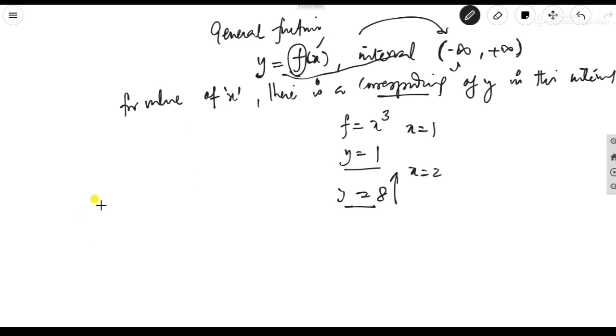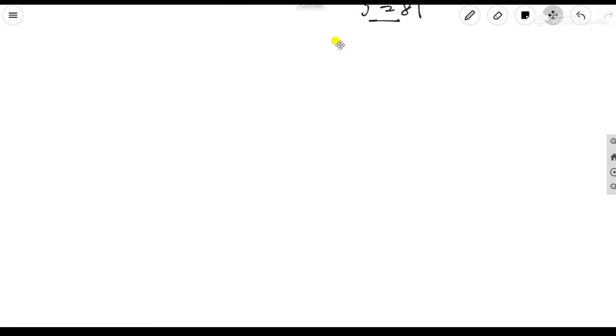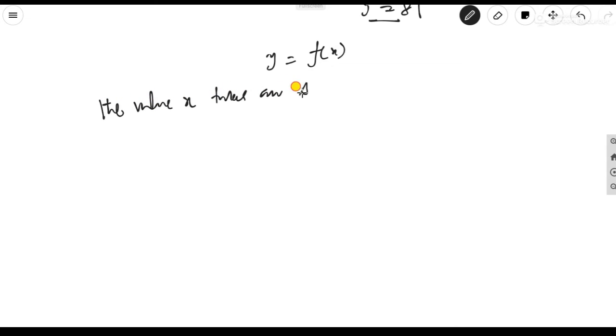So now, when you are generalizing this function, let the value x take an increment, a small increment. Delta x, we say delta x means a very small value.